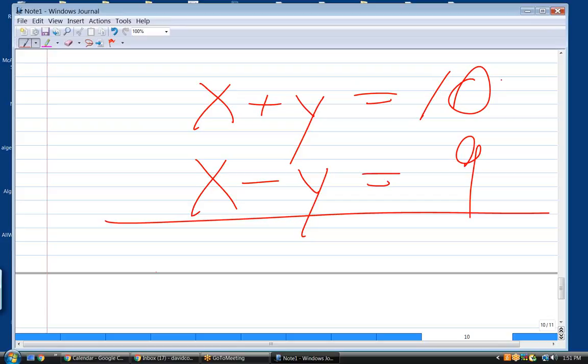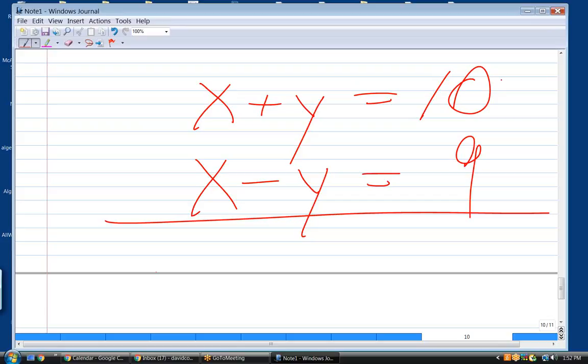Which variable am I going to be able to eliminate? The easiest way is always by adding. In other words, subtraction is allowed, but most people don't like subtraction. They don't handle it real well. So you're always better off adding if you can do it.